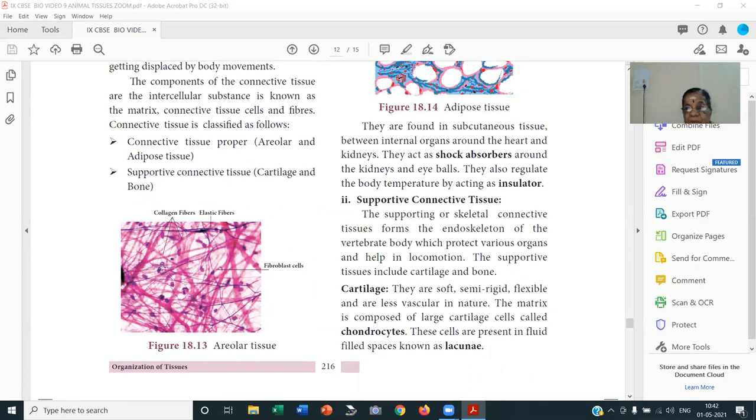They are the white and yellow fibers, which can also be called collagen fibers and elastic fibers. So, areolar connective tissue, adipose tissue, and cartilage you will learn from this portion. I hope you understand.